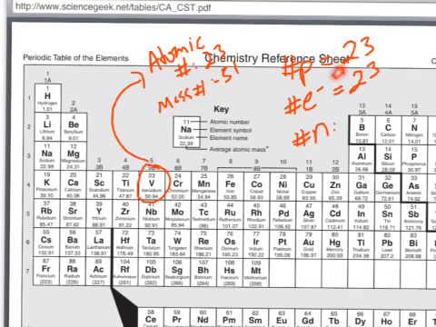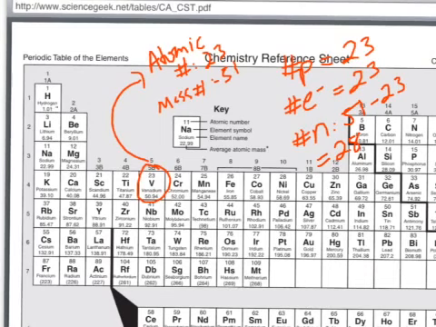So for my case, we will have 51 minus 23, which is going to equal 28. So the number of neutrons equals 28 for vanadium. And that's going to be done the same way for every single element. Let's try one more example on the next page.